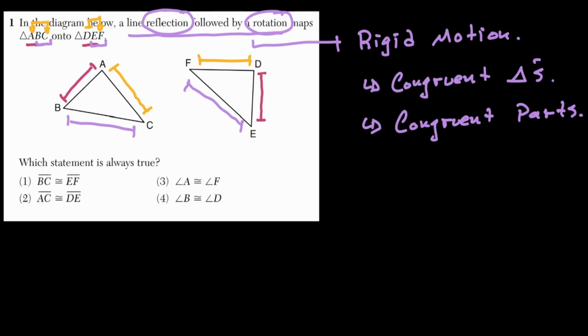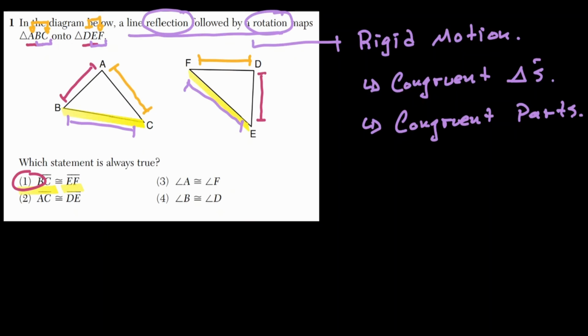So the way that we make our statement about congruency tells us who is congruent to who. And out of the options that we have here, option number 1 is the one that makes the most sense. BC, the section in purple, is congruent to EF, the section that we have here, which is also shown in purple.